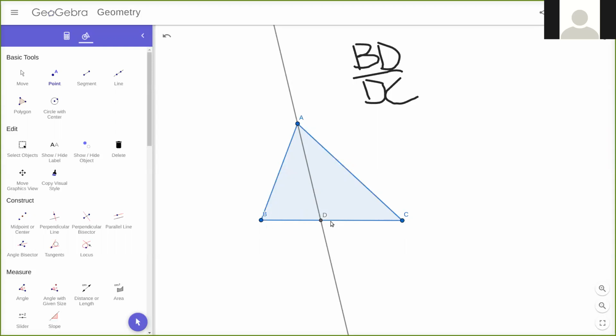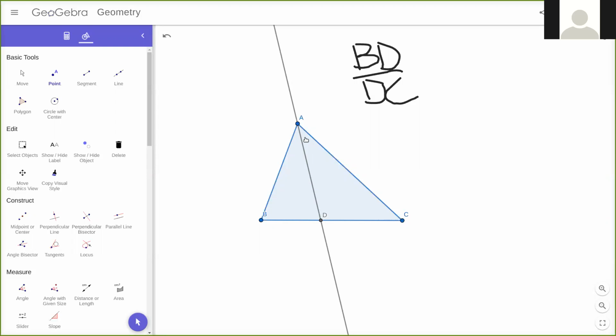So DC, what triangle is this part of? DC is part of the triangle ADC. So we're going to create a triangle that's similar to ADC that contains BD. How do we find that other point?